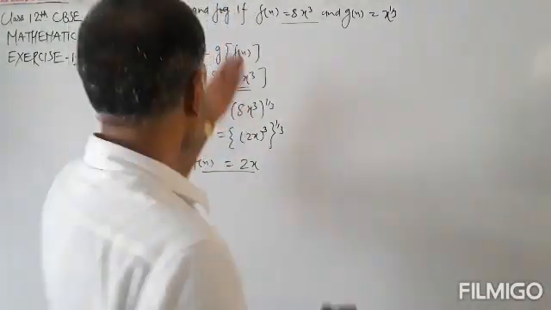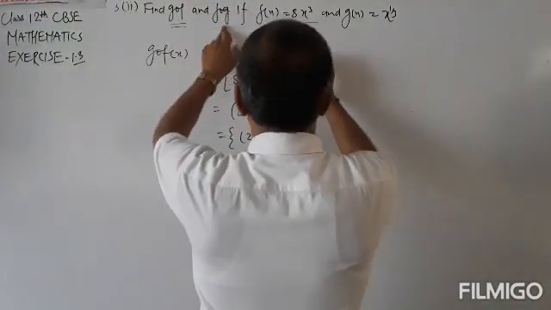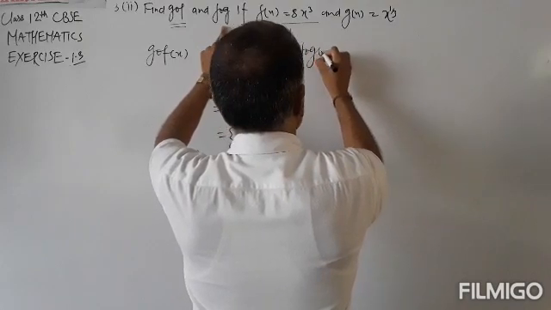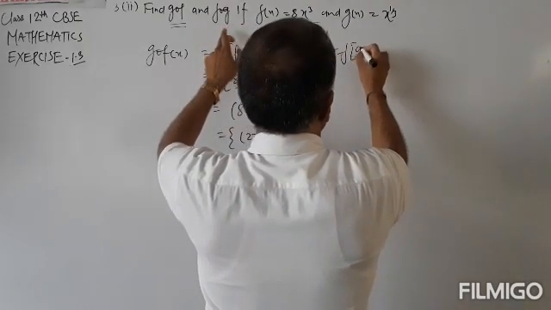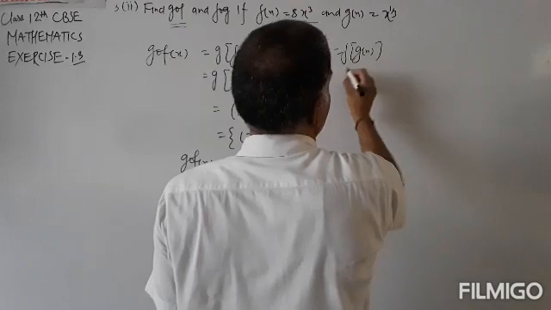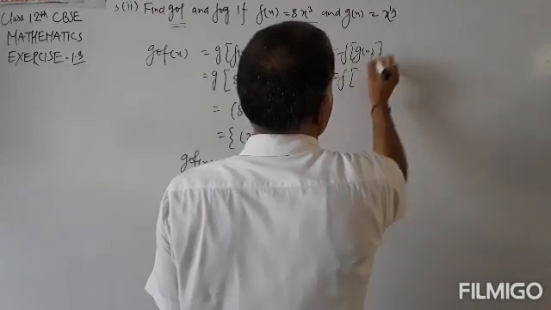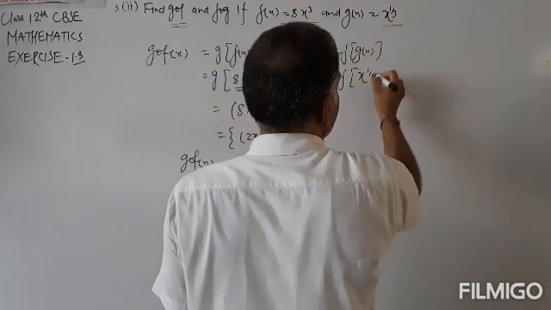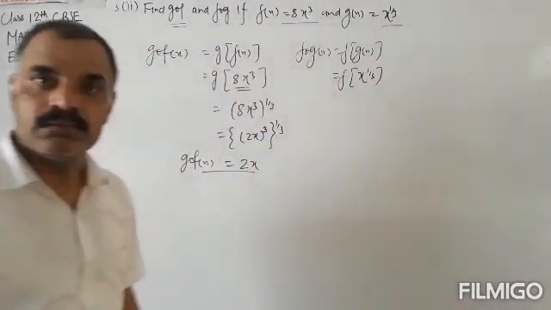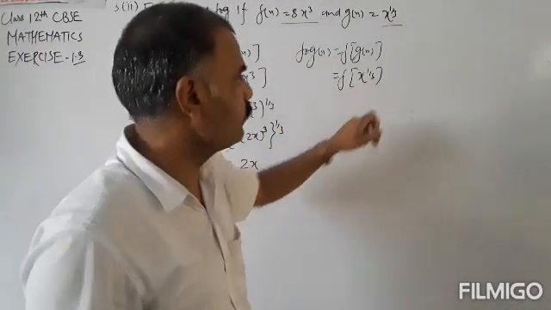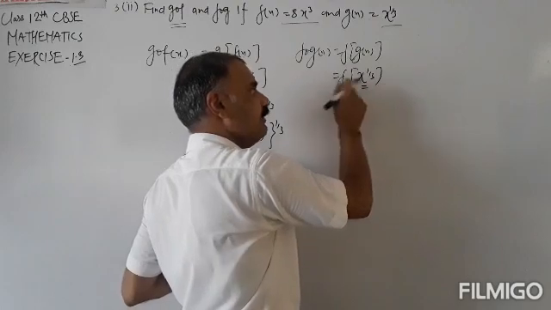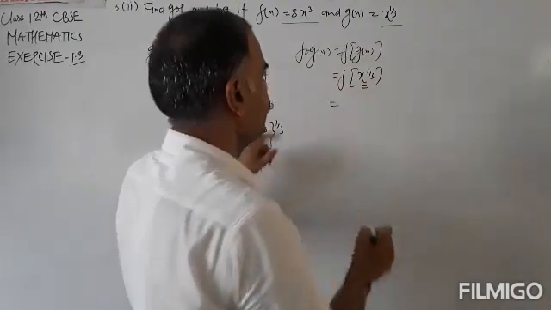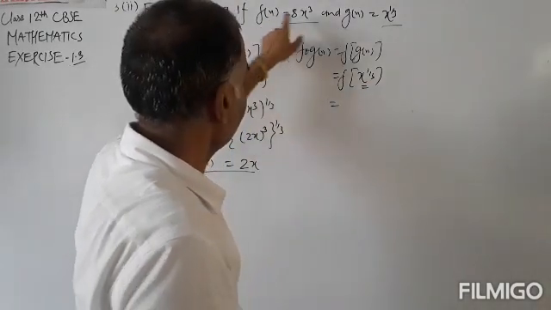And f o g of x, we are also going to find. f o g of x equals f of g of x, that is f of x to the power 1 by 3. Now x to the power 1 by 3 is not a function, this is an element for f, and the image of x under f is 8x cube.